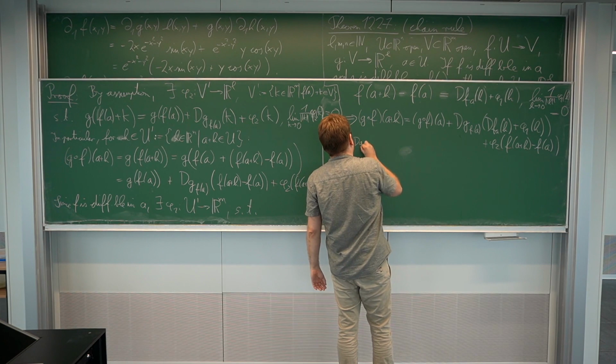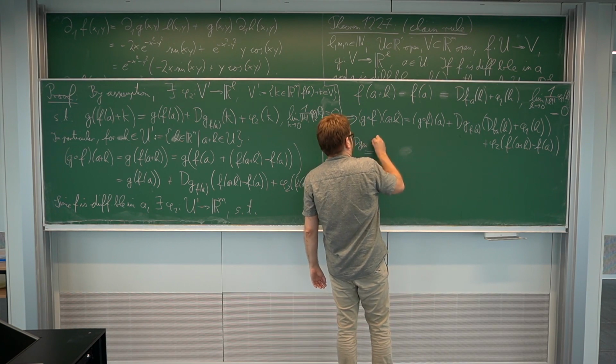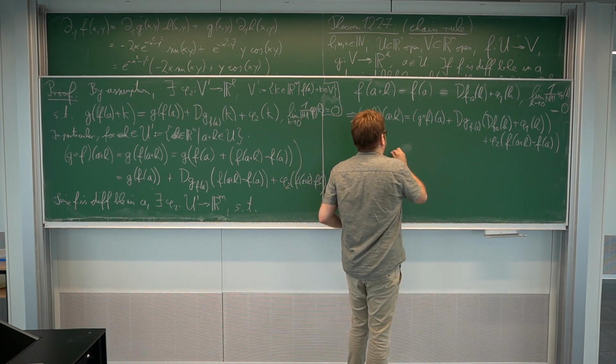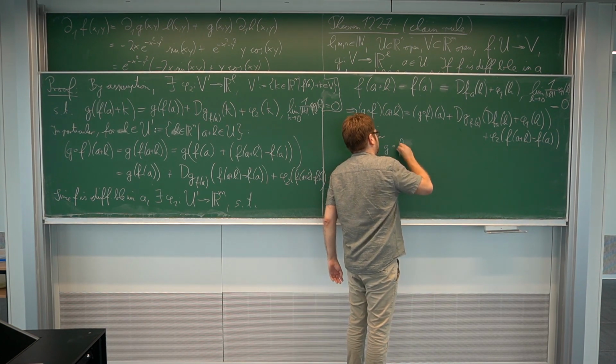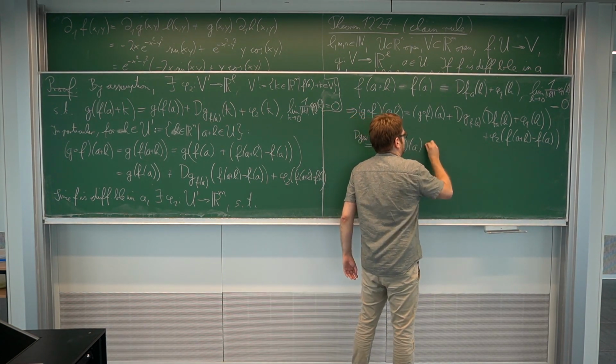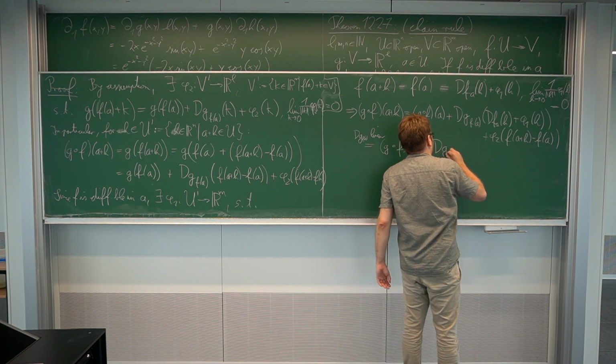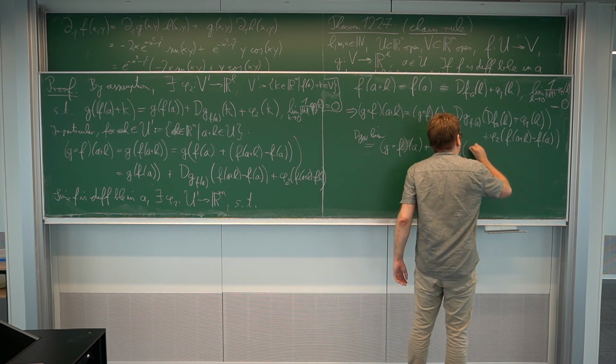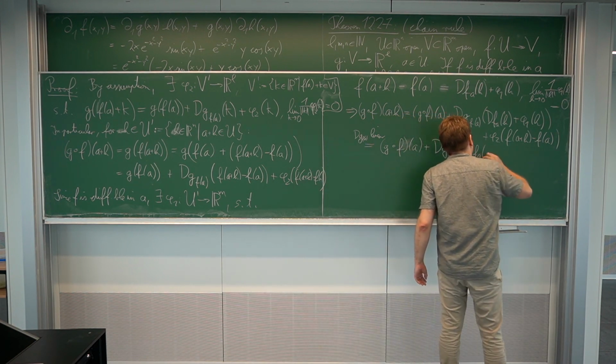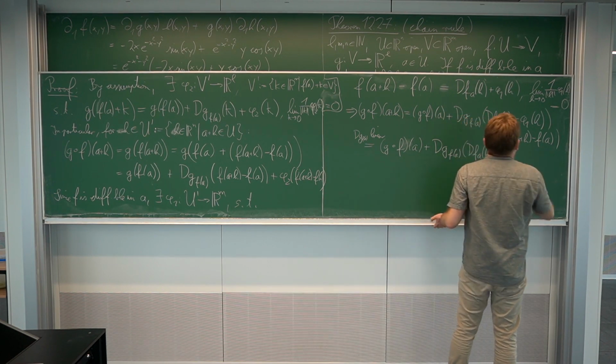So here, since dg F of A is linear, this is the same as G composed with F in A plus dg F of A of dfa of H. And now we've got only rubbish left.